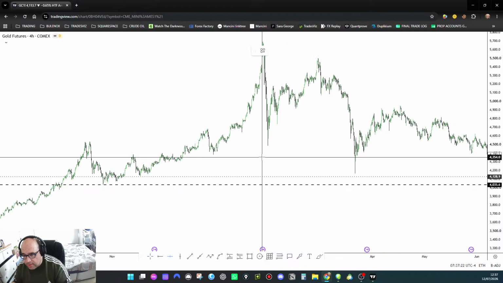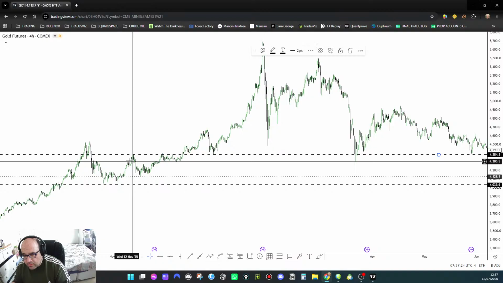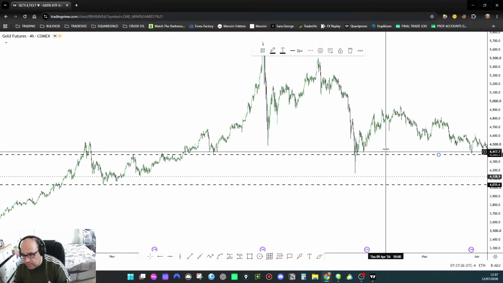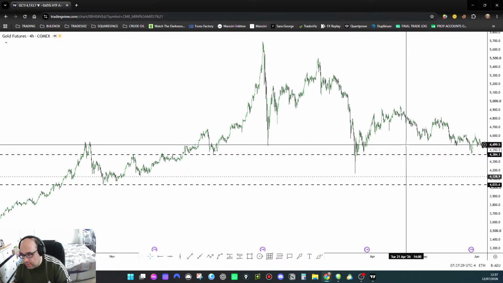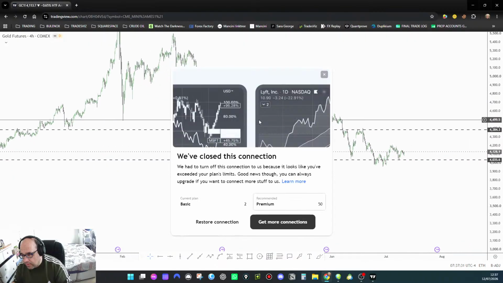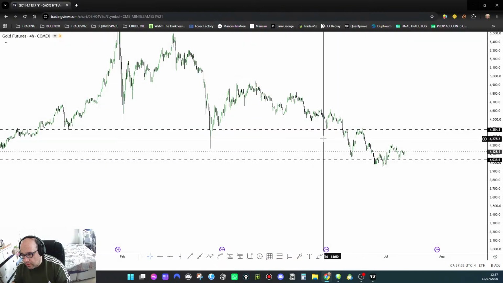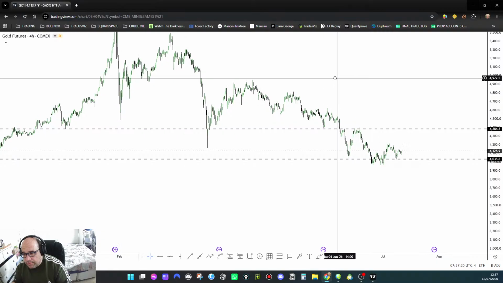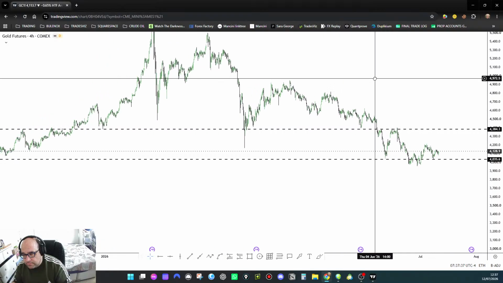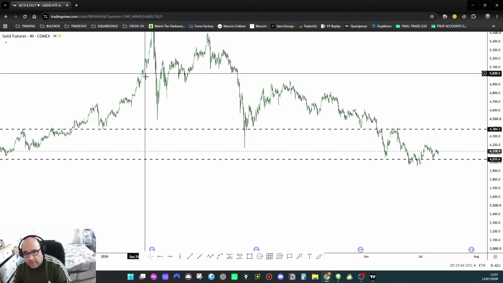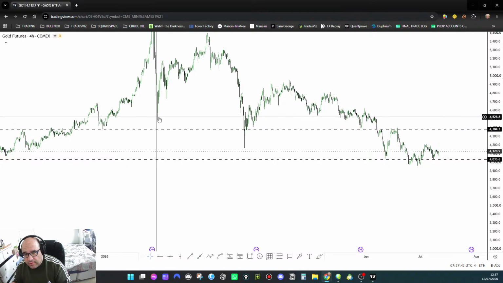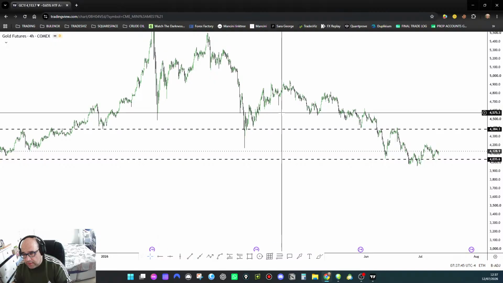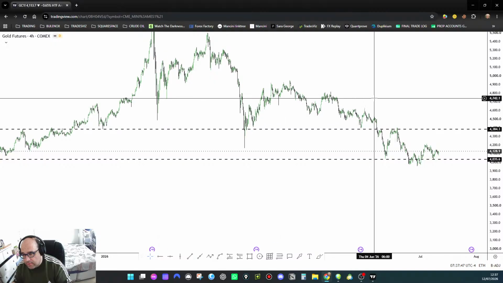We can say this one works as support and as resistance as well. It's kind of weird. Let's go to the daily. We see the fail breakdown here at these lows, but I don't see anything standing out.